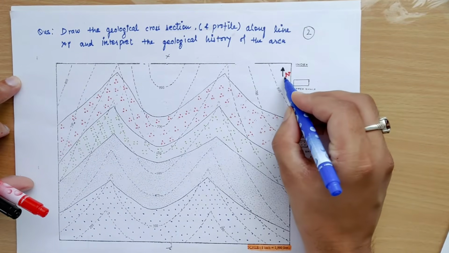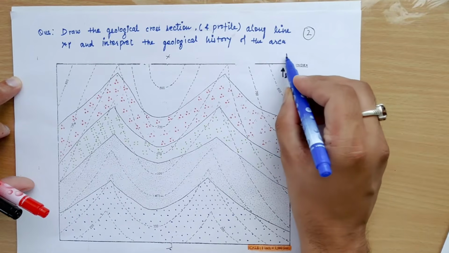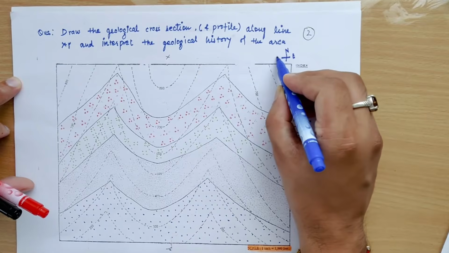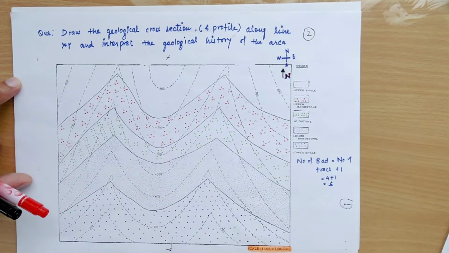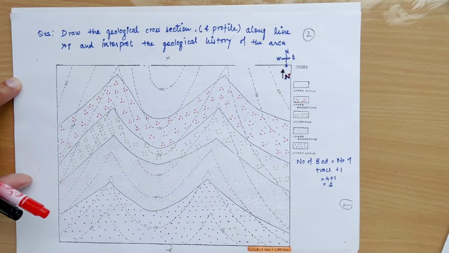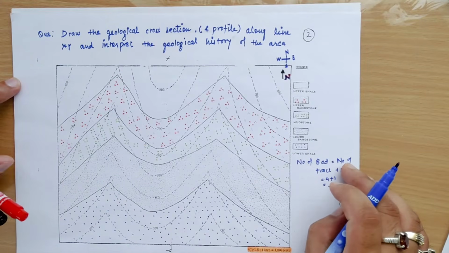This direction is north. With respect to north, this will be east, this will be west, and this will be south. The scale of this map is 1 inch equals 1000 feet. So how are we going to attempt this map?